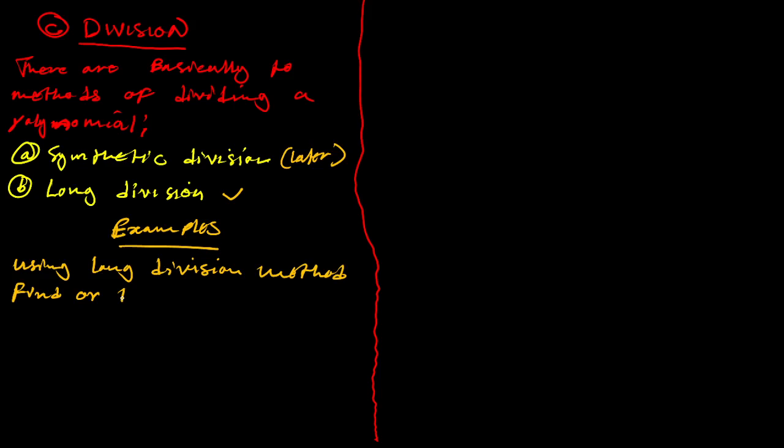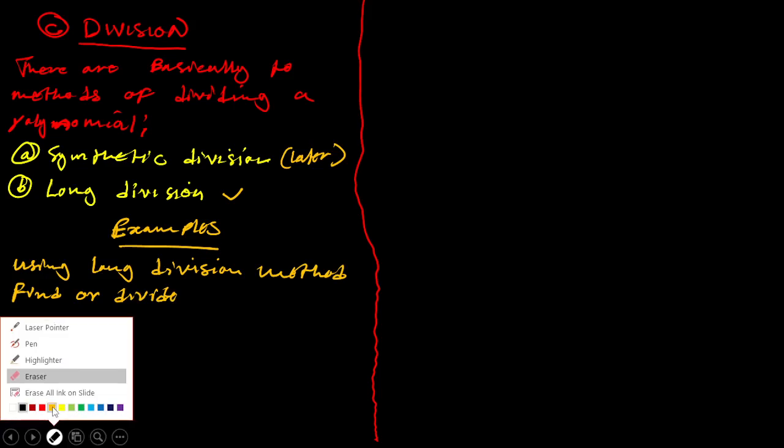This one will be my first example. Let me write that properly for you guys to be able to see. So this will be my first example, and I'll write it as follows.